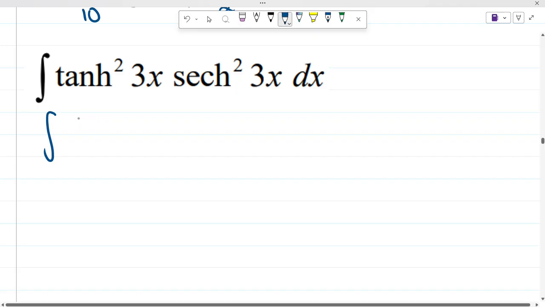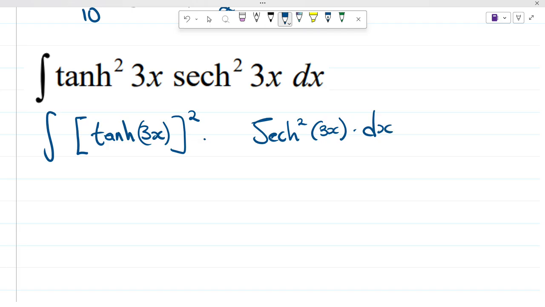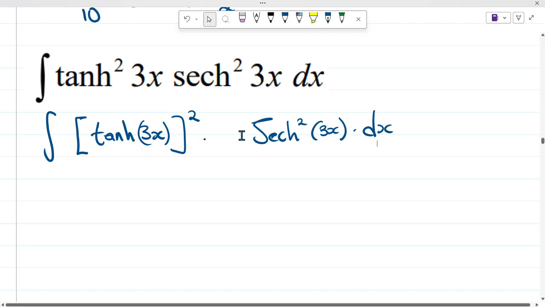This is going to be hyperbolic tan of 3x to the power of 2 multiplied by hyperbolic sec squared of 3x dx.